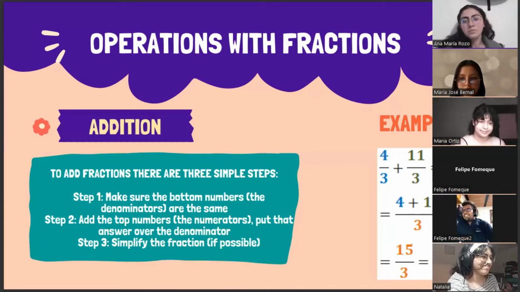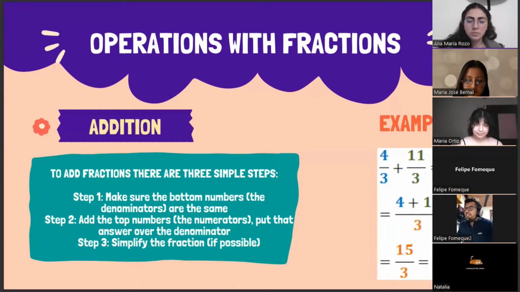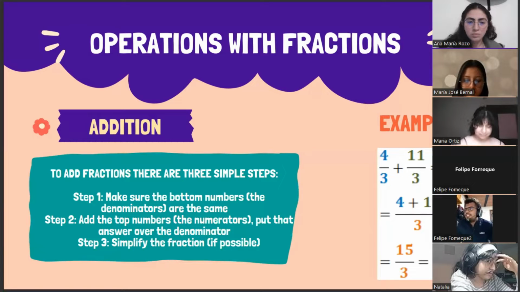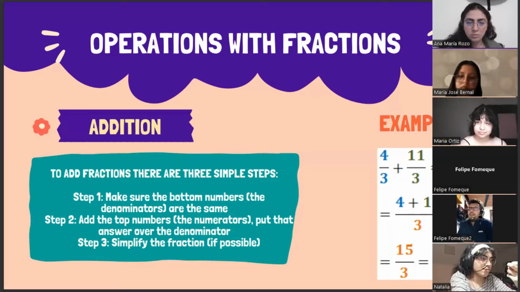Okay. Well, basically, we have in here a little example to reflect the information in the steps. So we have in colors 2 different fractions, so we're going to add them and see the result. We have 4/3 plus 11/3. We have one rule, as you may know: if you have the same denominator, we can keep it until the end of the fraction.